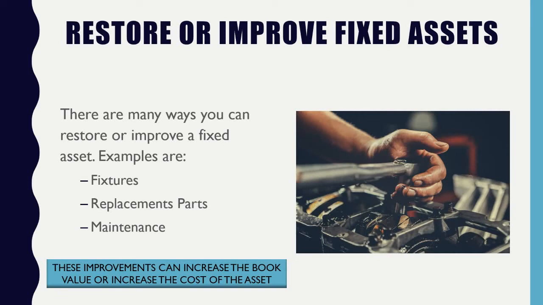If you choose to go ahead and make these additional changes or fixtures to your fixed asset, you have two options that you can do. Number one is going to be you're going to take that price of whatever it is that you did to improve that fixed asset and either counter it against the accumulated depreciation, or number two, you either add that value to the equipment. Okay? And I'm going to show you two examples today.